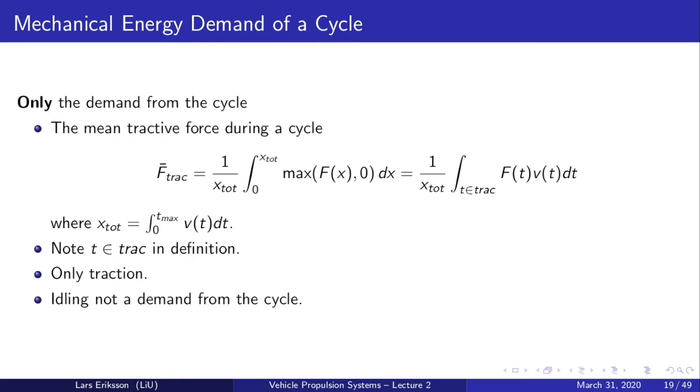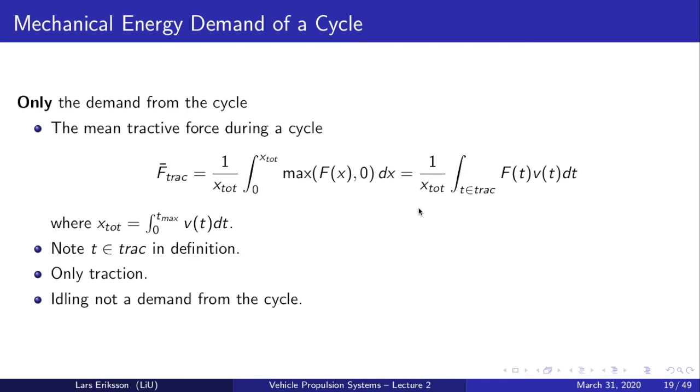We're not interested in the other parts because they are not a demand of the cycle. So we're only looking at what is the minimum energy requirement that the cycle poses for the vehicle. So the main thing that we'll look at now is to solve this integral. So we're interested in evaluating this integral for various cycles, and that will be one of your tasks here.